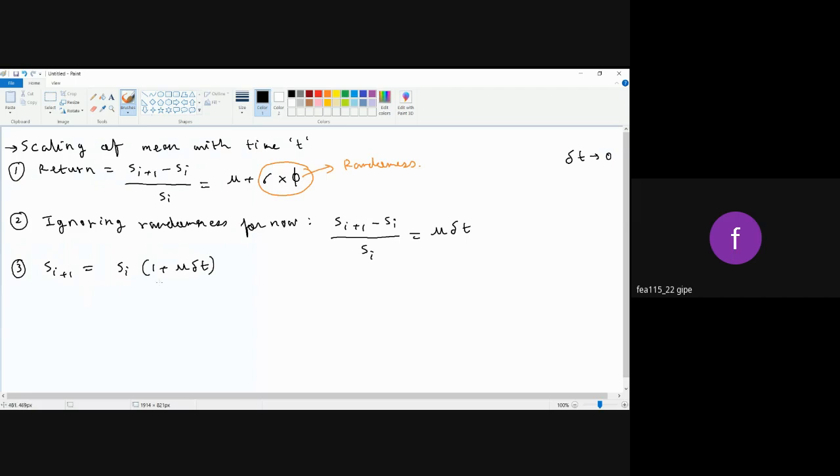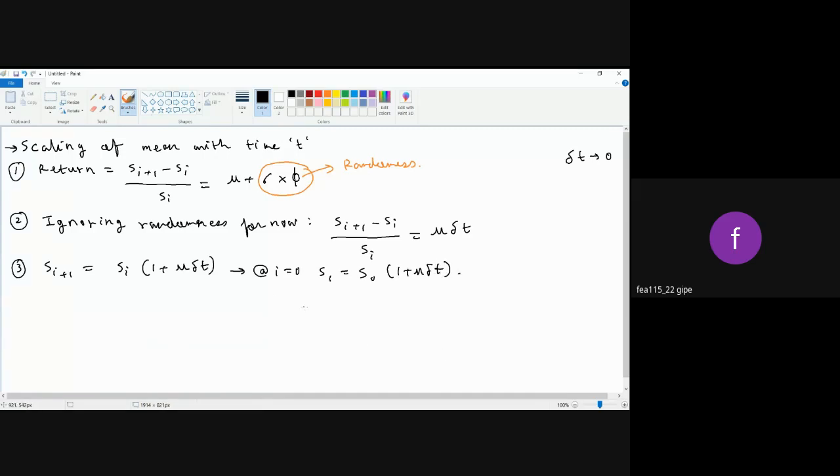Now, let's try this at different values of i. Let's keep on changing the values of i from 0, 1, 2, etc. So at i equal to 0, I have S1 equal to S0 into 1 plus mu delta t.